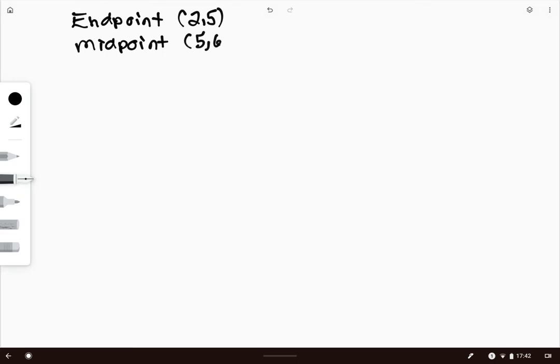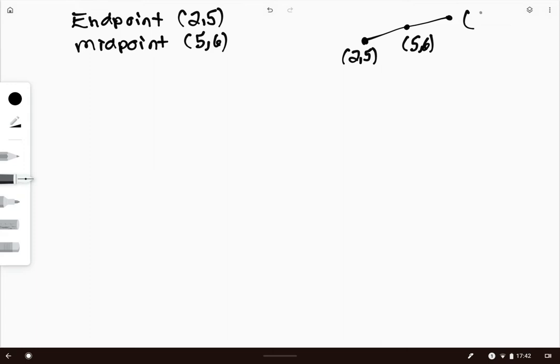So what this basically means is, if I imagine over here, here is my line segment. Down here is this endpoint of 2, 5. Here is my midpoint of 5, 6.